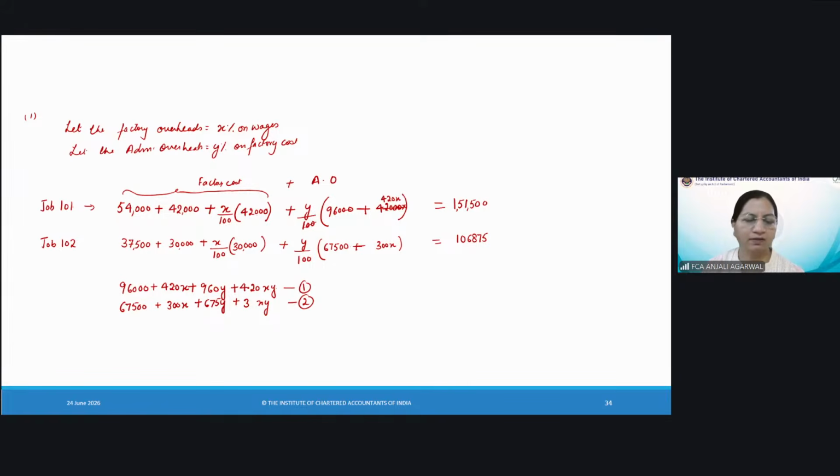So if I look at 300 and 420, this is 1.4 times. If you divide 420 by 300, you will get 1.40, right? So I multiply equation 2 by 1.4.